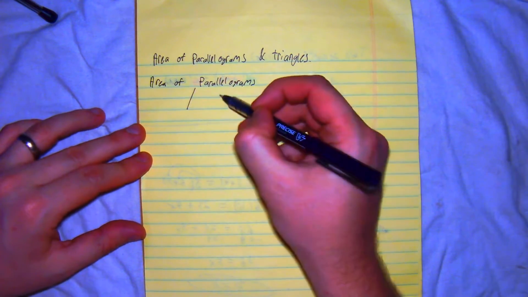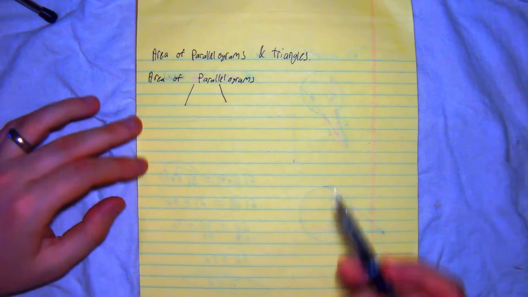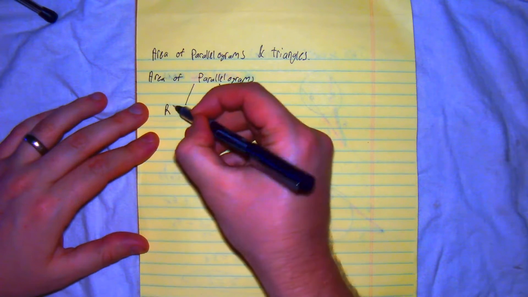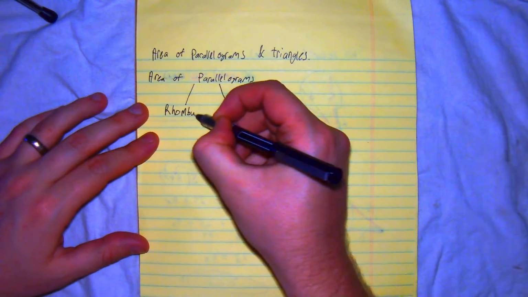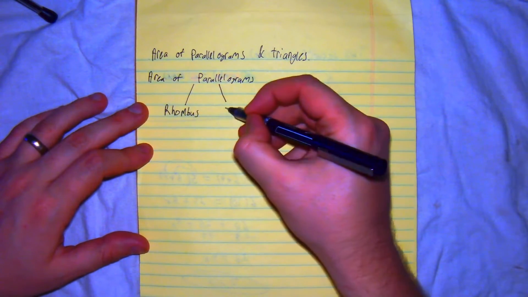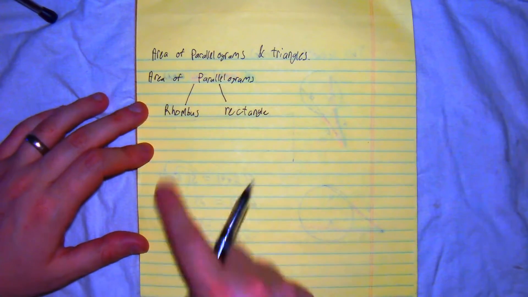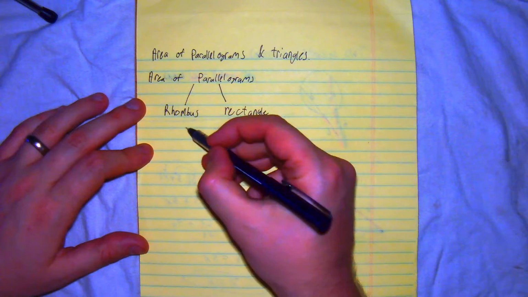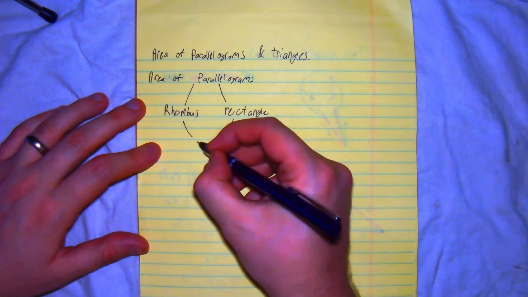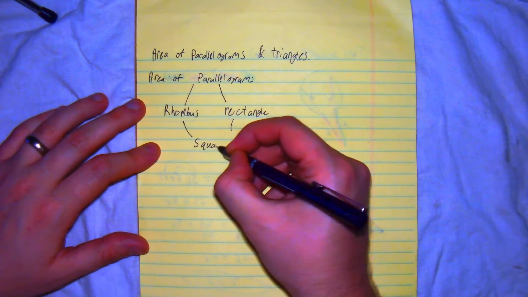So the two types of parallelograms we have is a rhombus and a rectangle. And when you combine a rhombus and a rectangle, you get a square.